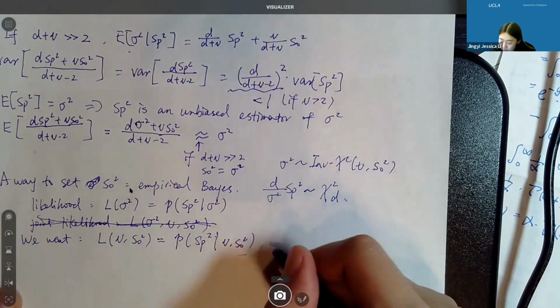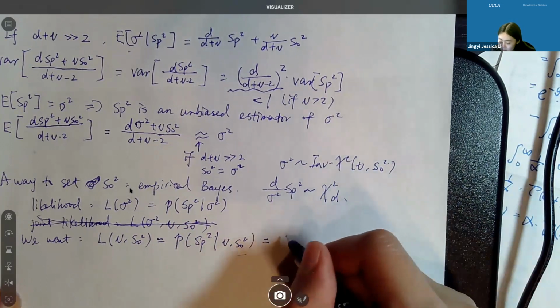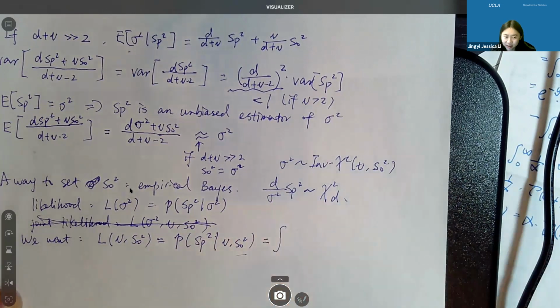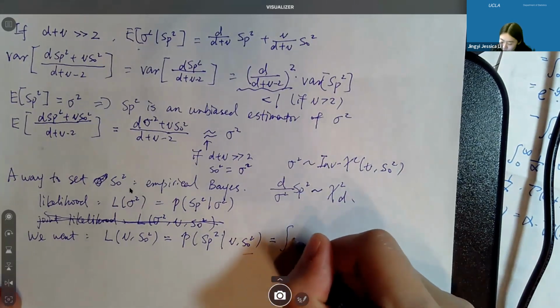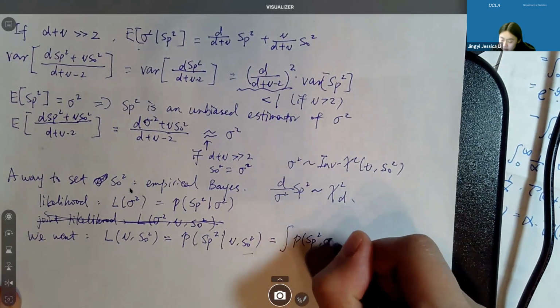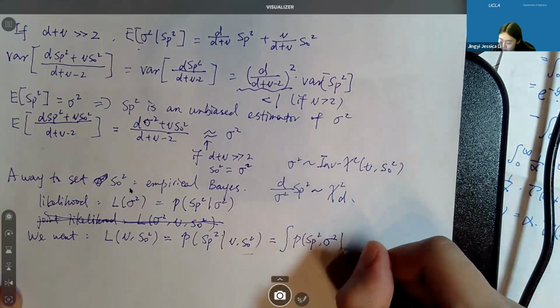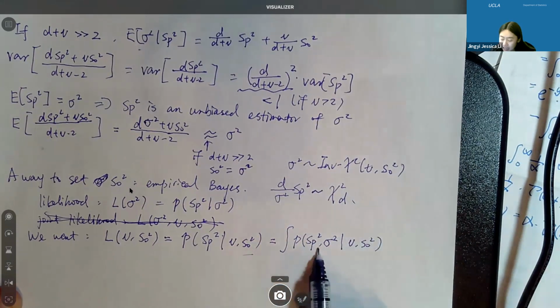But I can do it. In other words, this is what we call the very important trick of marginalization by integration. That means I can write this as first the joint density of S_p squared and sigma squared, jointly conditional on v and s0 squared, and I integrate out the sigma squared.